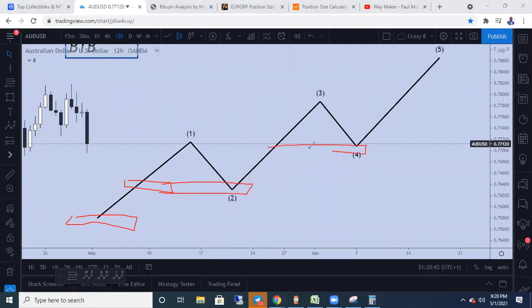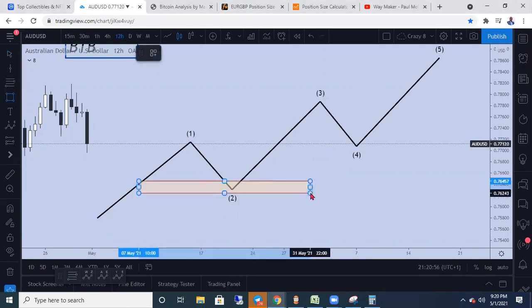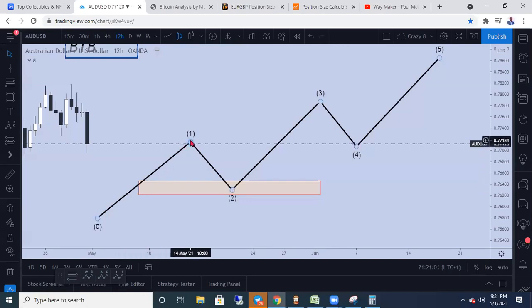Now, this is H4. We have an AQZ qualifying candle seated here, and we're anticipating a retest of the AQZ qualifying candle pattern for us to buy.